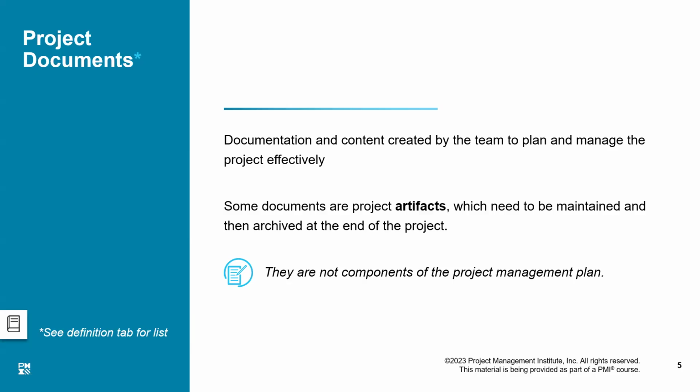We are more concerned about the scope baseline, schedule baseline, and the cost baseline. But while we are developing the schedule baseline, we have to identify the activities, estimate the duration of activities, do the network diagramming, do the critical path, and develop the schedule. So all of these things are ultimately leading to the schedule baseline.